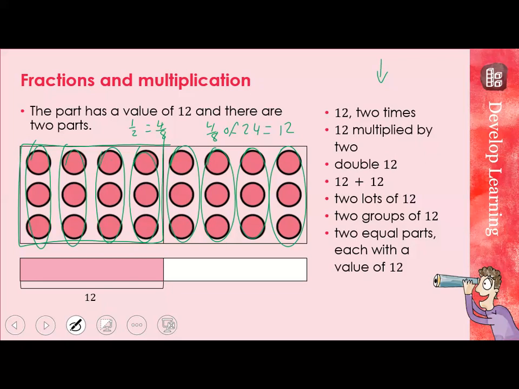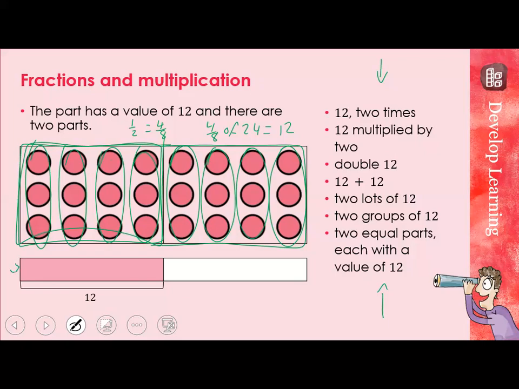And have a read of these, all of the different ways that you could talk about the different sets here. You could see that this is 12 and double that is 24 altogether. You can see it's 12 add 12, 2 lots of 12, it's 2 groups of 12, it's 2 equal parts, each of them have a value of 12, and so on and so on.